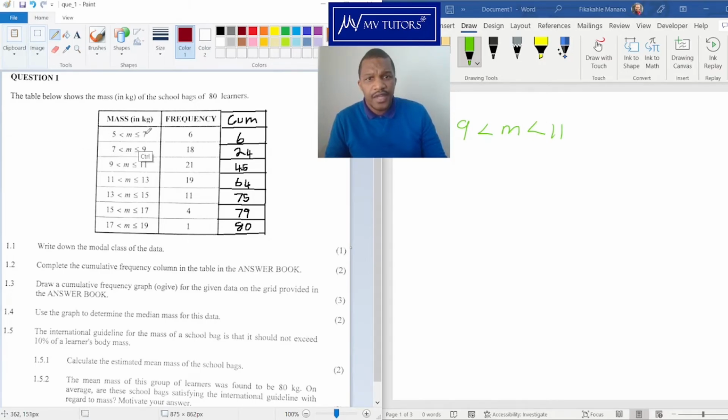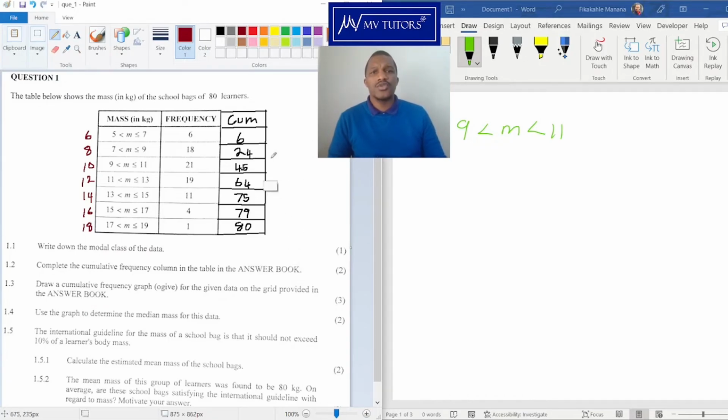Between 5 and 7, that's going to be 6. Between 7 and 9, that's 8. Between 9 and 11, that's 10. Between 11 and 13, that's 12. Between 13 and 15, that's 14. This one is going to be 16, and the last one is going to be 18.